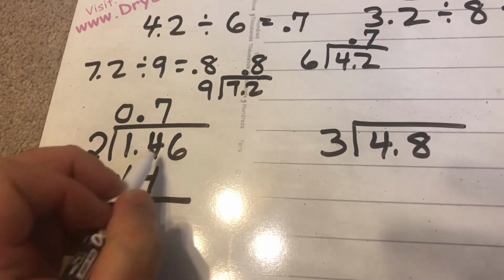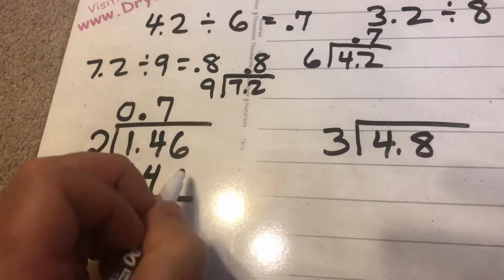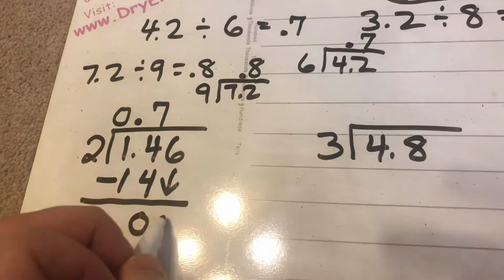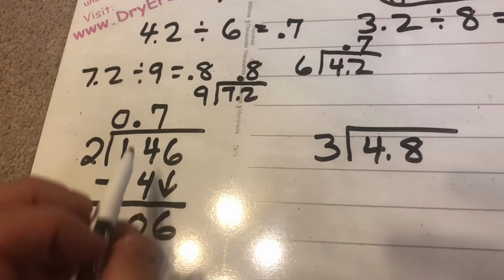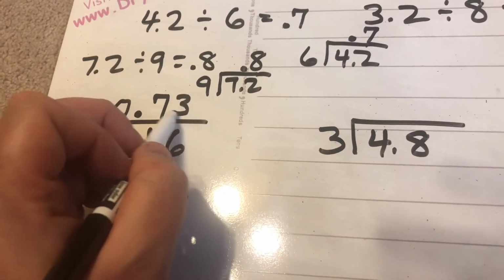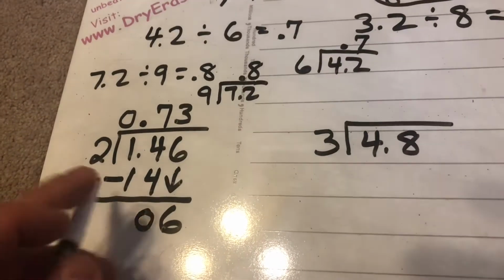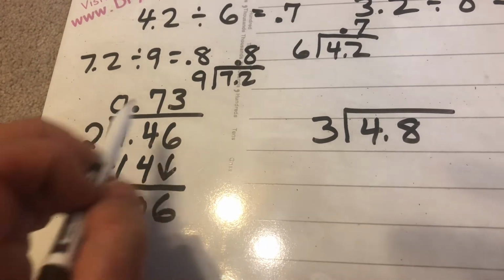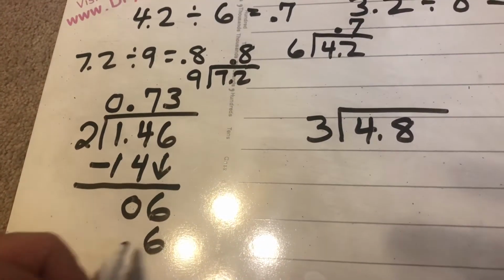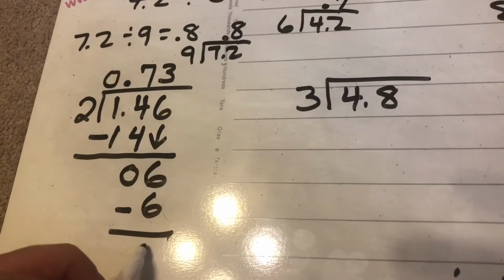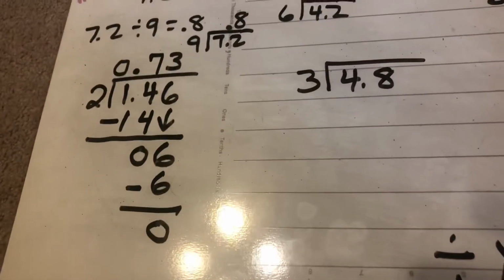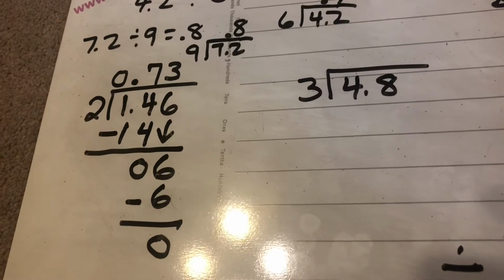Then I do 14 minus 14, which is 0. Then I bring down the 6. 2 can go into 6 3 times. Then I multiply. 2 times 3 is 6. 6 minus 6 is 0. There will be none left over. 7/300.